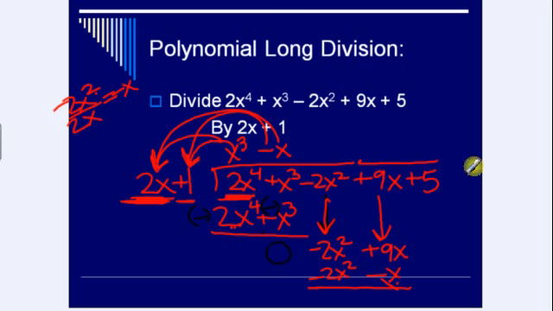Now again, to remind myself I'm subtracting, I'm going to switch to a different color here. And when I subtract a negative, it becomes addition. So here, 2, subtract a negative becomes addition. These should always cancel. And then here I have 9x plus 1x, and we get 10x.